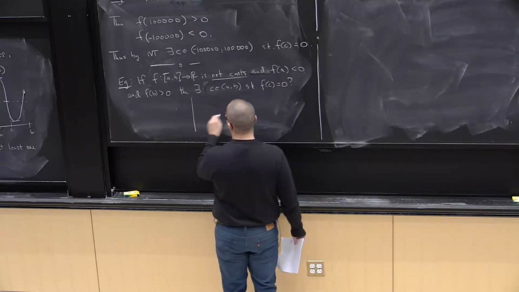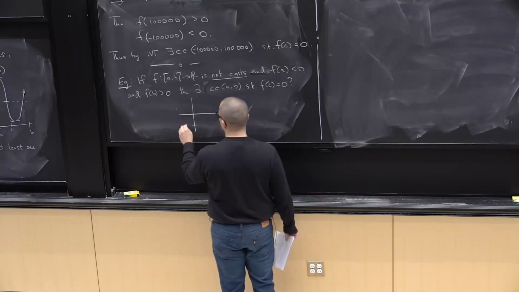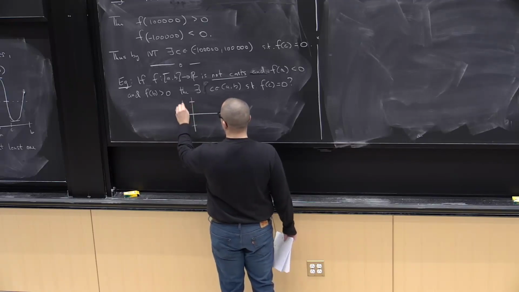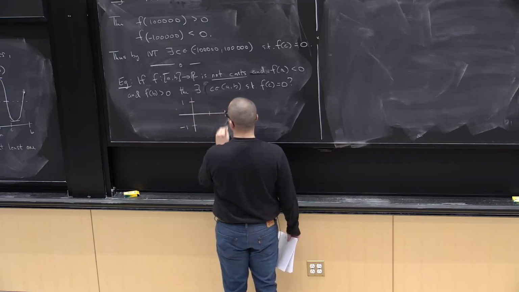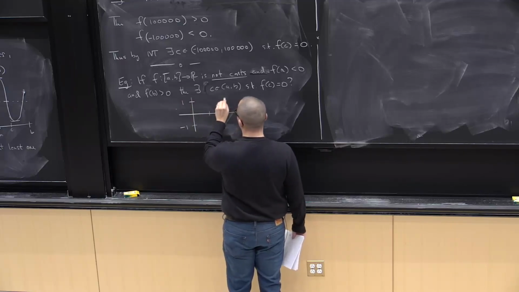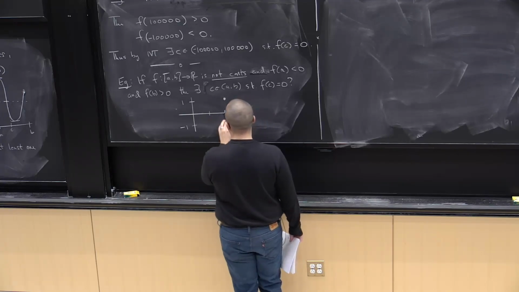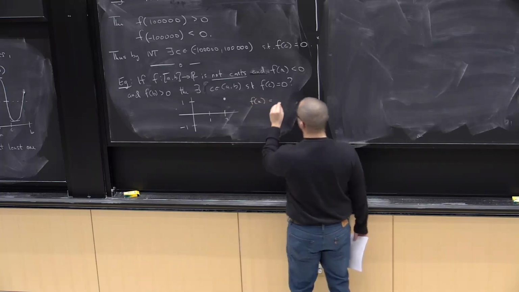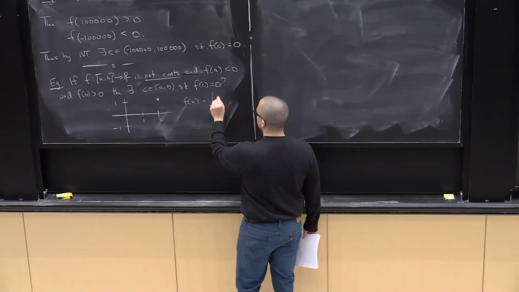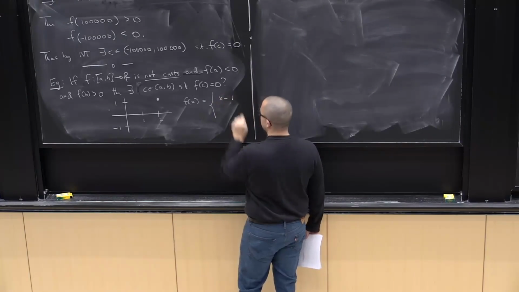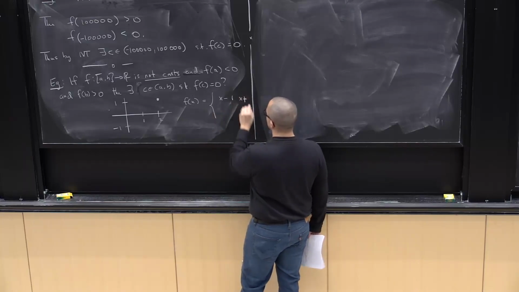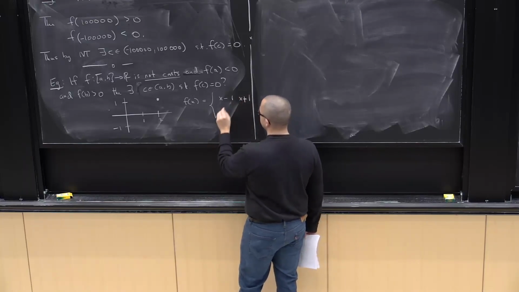Simplest being, I'll just draw a picture. Let's go from minus 1, 1, 2. Okay. So then the function is f of x equals x minus 1, and this is for x not equal to 1, and let's make it a half there.